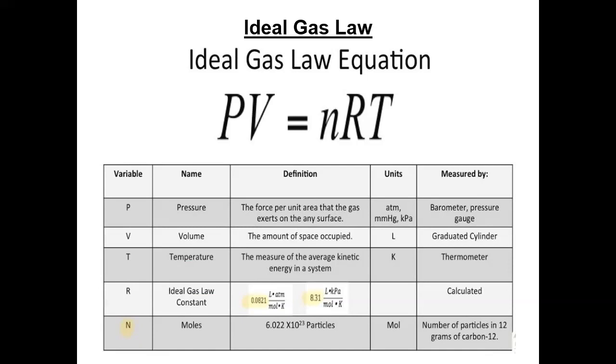Volume could be liters or meters cubed, and pressure could be in various units. You can get different values of R for different units, and you just have to make sure your units are consistent. So that's P, total volume, number of moles. That R in that equation is what we call the universal gas constant.